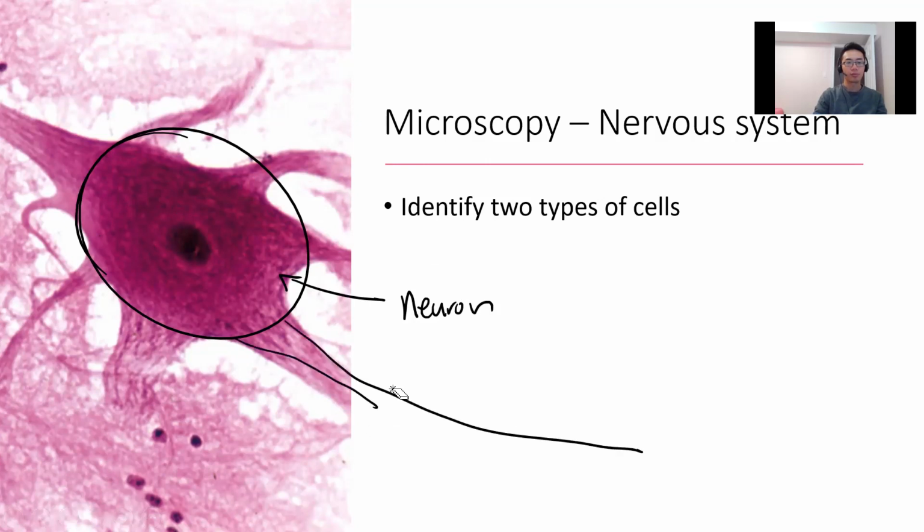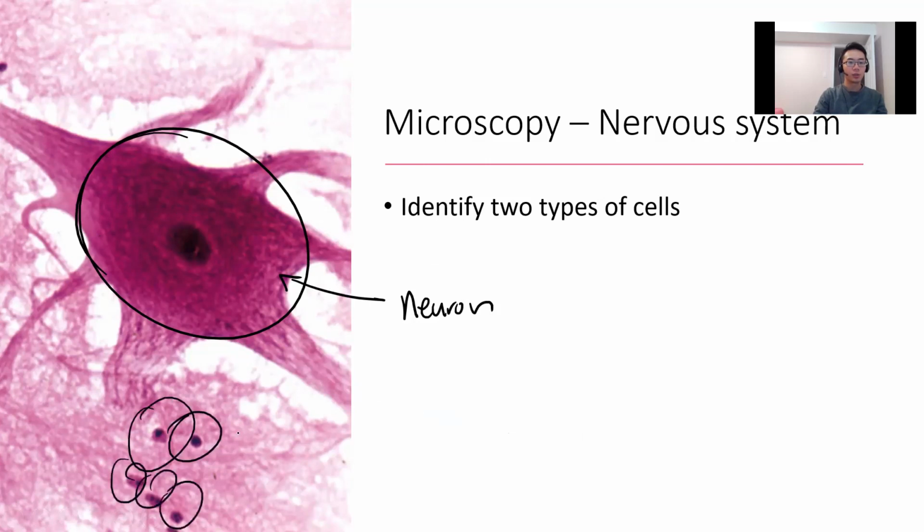It's going to continue. And all these here, these are the nuclei of glial cells. We cannot really make out the actual cell. It's not focused properly, but we can see all these nuclei of glial cells, the supporting cells.